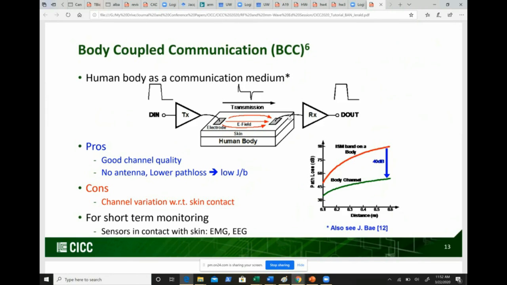You'll see that the path loss on the body coupling is much less compared with the RF on body. On top of this, if you have RF-based transmission, whether communication or power transfer, you have to have an antenna. And if the antenna is in the vicinity of the body, the radiation pattern will also be affected. That adds around 10 to 15 dB additional path loss.